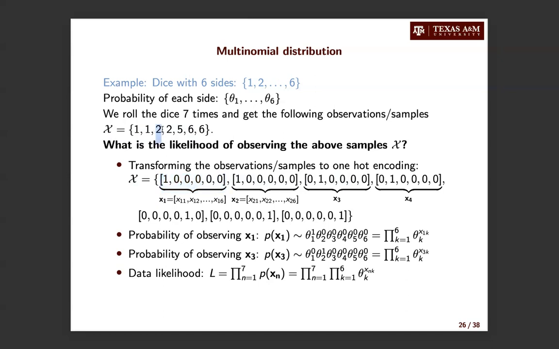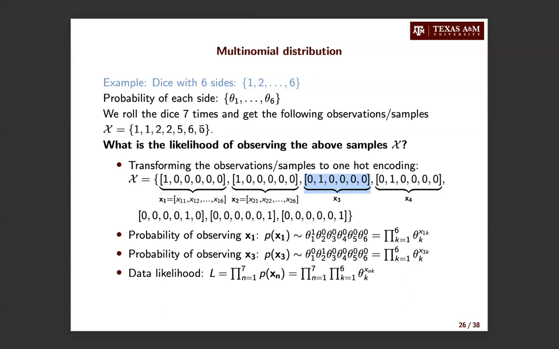If we go now to this third outcome that corresponded to 2, this is the vector that represents this outcome as a one-hot encoding. Again, this is a vector with 6 elements. All elements are 0, except the second element of that vector, which corresponds to outcome 2.